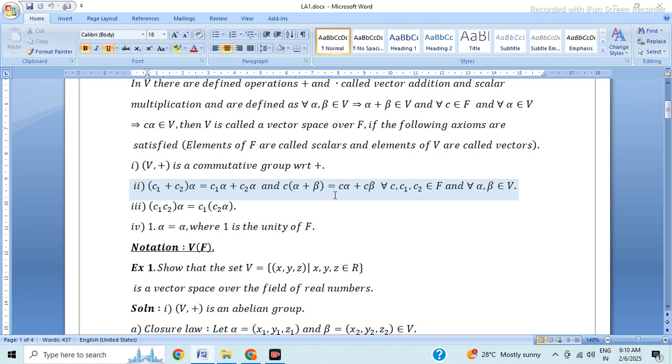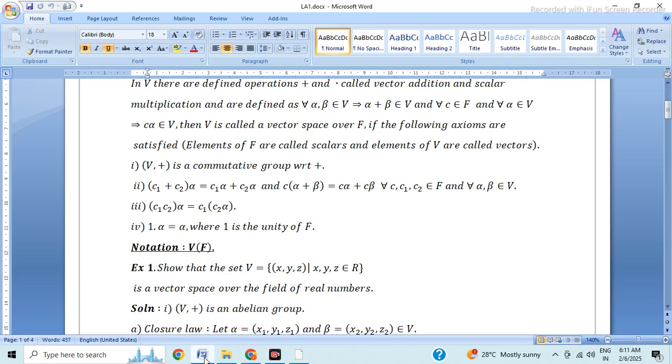This is for every C1, C2 belonging to F, where alpha and beta are vectors. Then (C1 C2) alpha is C1 into (C2 alpha). Again, last condition, 1 into alpha is alpha, where 1 is the unity of F.